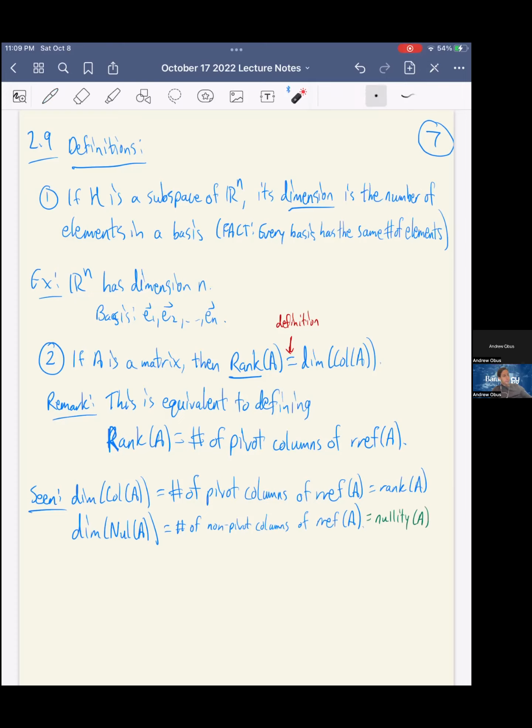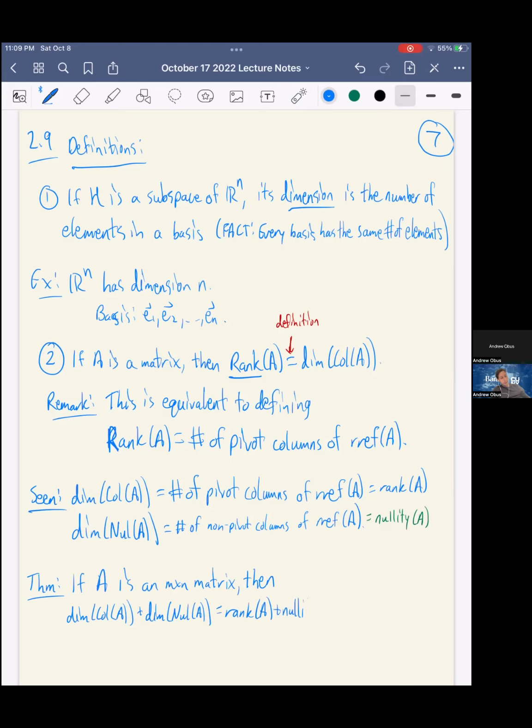So what we have is a theorem. This is what I'm going to finish with today. A theorem, but the proof is immediate. If A is an m by n matrix, then the dimension of the column space of A plus the dimension of the null space of A, which is the same thing as the rank of A plus the nullity of A, well, what is it?